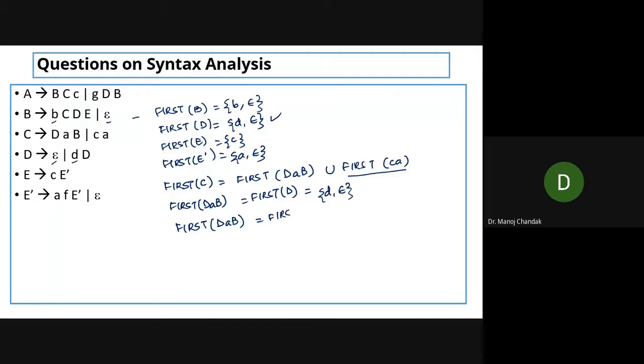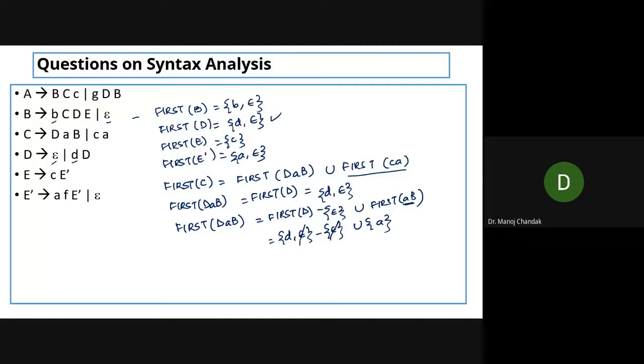Now, since it contains epsilon, you will have to write first of DAB will be equal to first of D minus epsilon union first of small ab. And now this will be d epsilon minus epsilon union, and first of ab will be simply a.